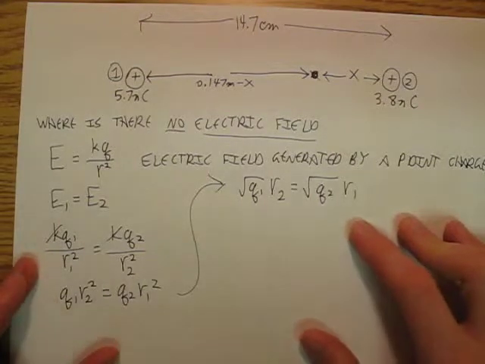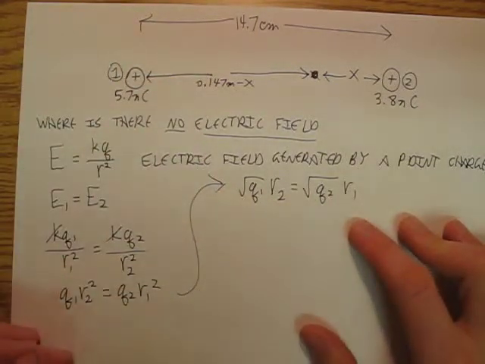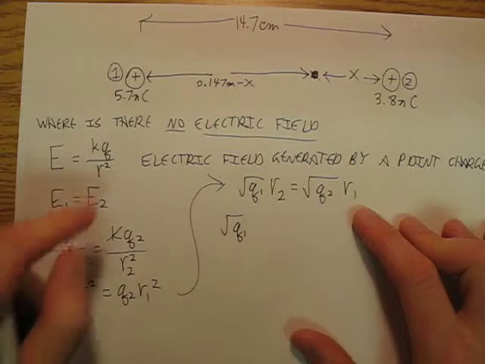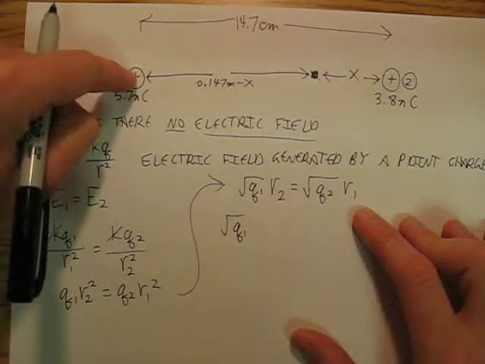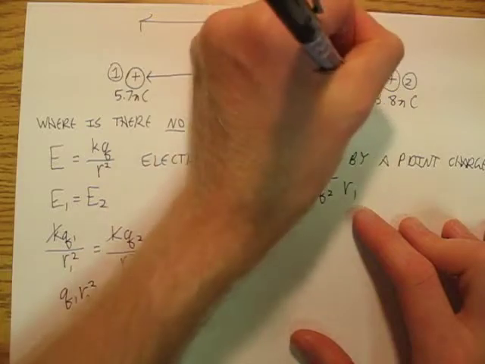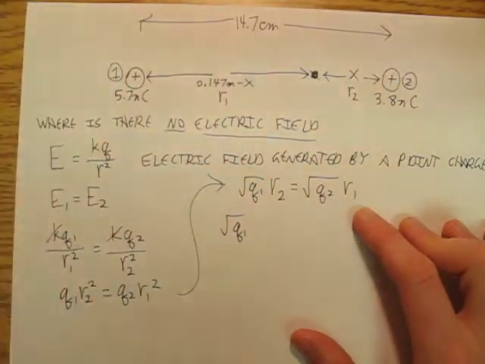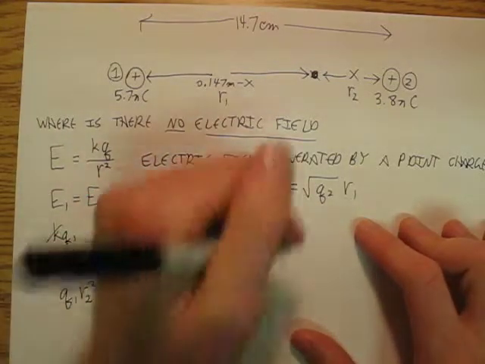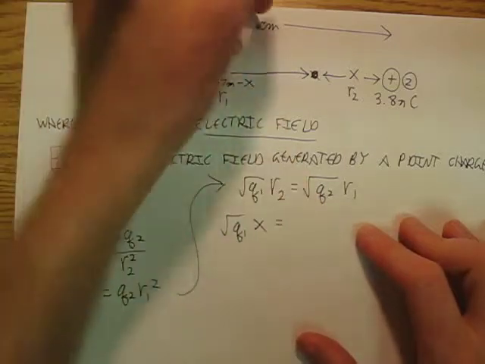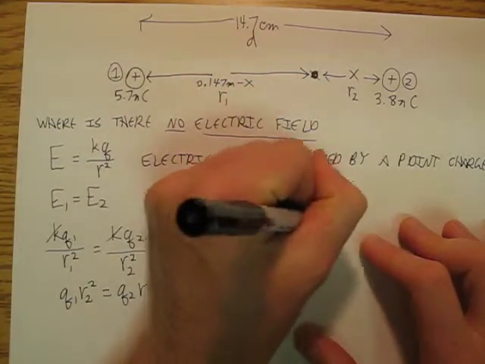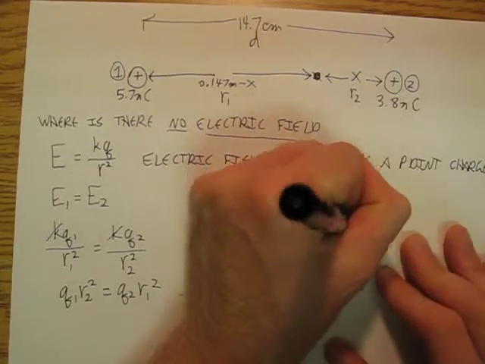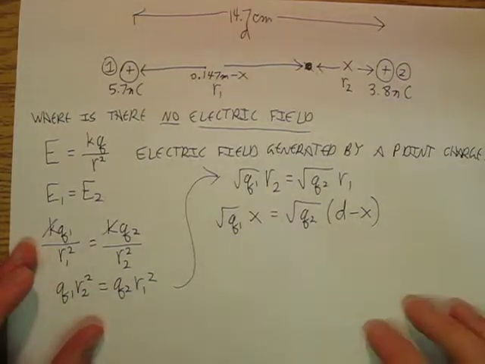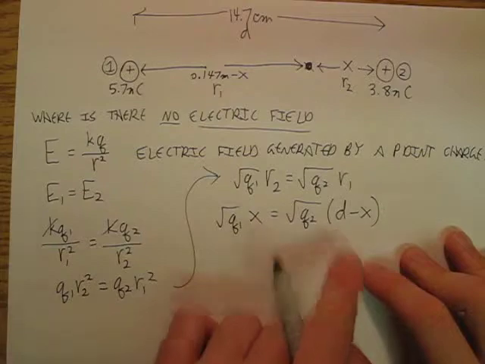Because it's faster. Now, I'm going to say that square root of q1 times r1, which is x, is going to be equal to, I'm going to call this D, square root of q2 times D minus x. Still working symbolically because it's quicker for me.